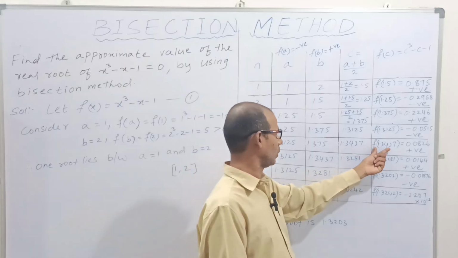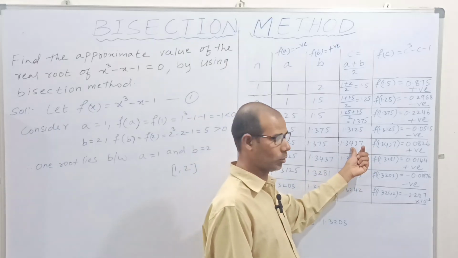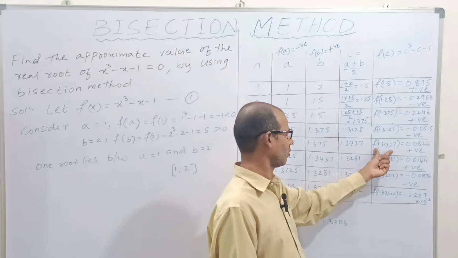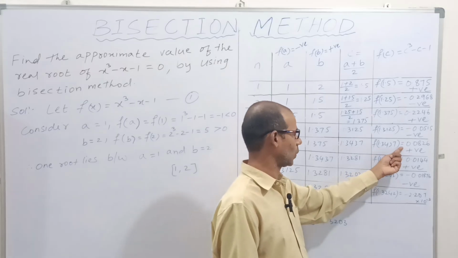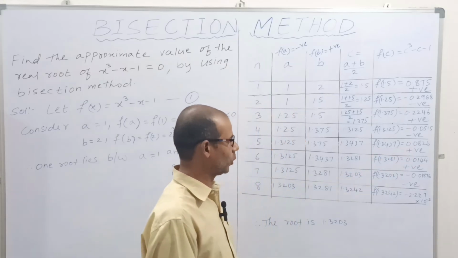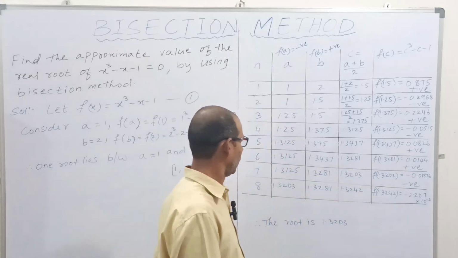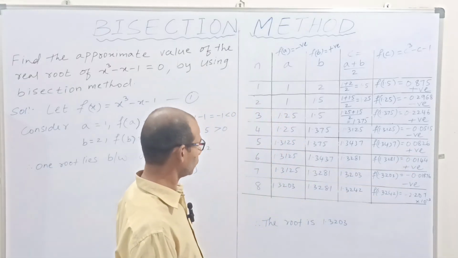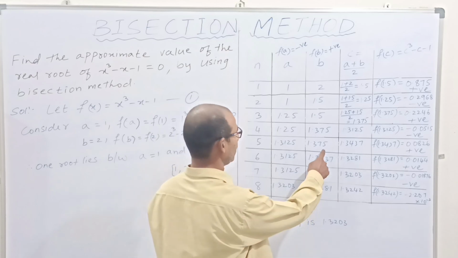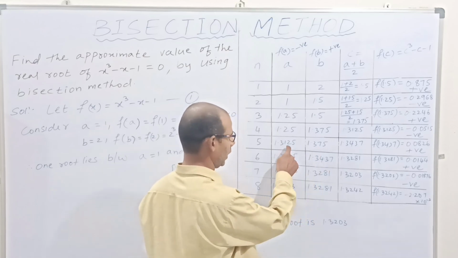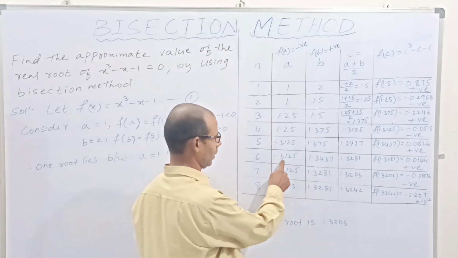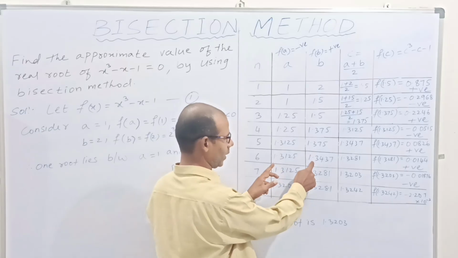The function value at this C value is 0.0826. So that is positive. Once it is positive, we have to replace the value of B. So A will remain the same and now B is replaced with 1.3437.